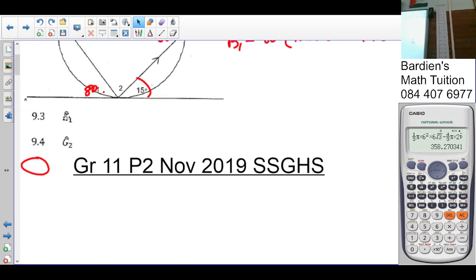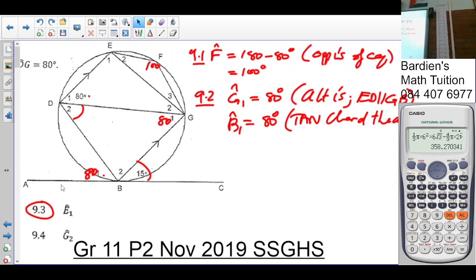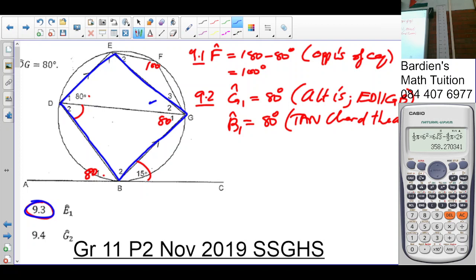Then in 9.3, they ask you to calculate E1. But E1 is formed in that cyclic quad. Not so? So which angle do I need? I need B2. Or if I calculate G2, done the job as well.